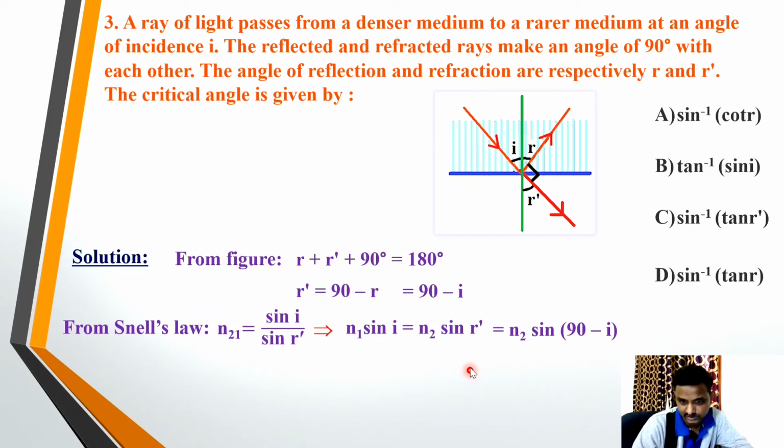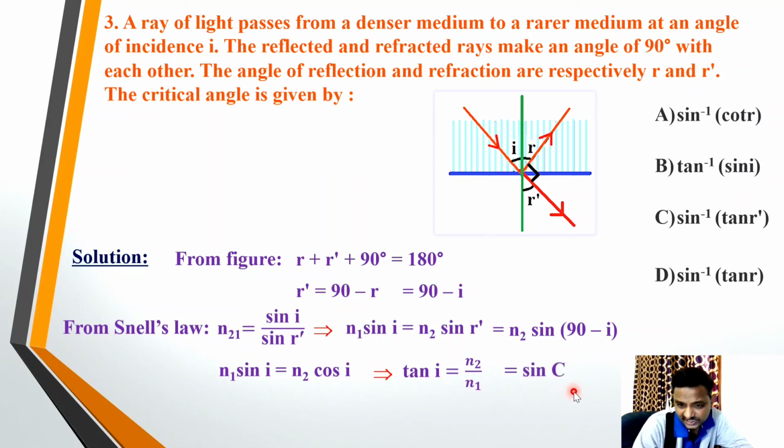So here instead of r dash I can write 90 minus I. Then I got n2 sin 90 minus I. So from the above equation I got n1 sin I is equal to n2 cos I. That means sin 90 minus I means cos I. That implies, tan I is equal to n2 by n1. That means here I moved cos I to the left side and n1 to the right side. Then I got tan I is equal to n2 by n1.